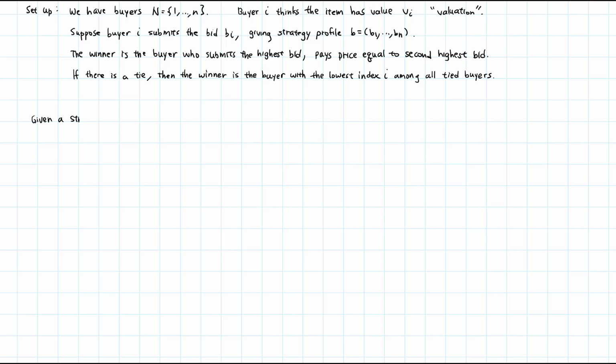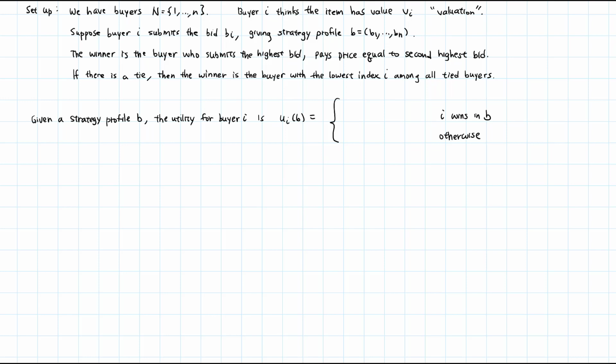So now, given a strategy profile b, all the bids from all the players, the utility for buyer i is u_i(b), which can be broken down into two cases. Either buyer i wins in this strategy profile b, or they don't. It is easy to see the utility when they don't win.